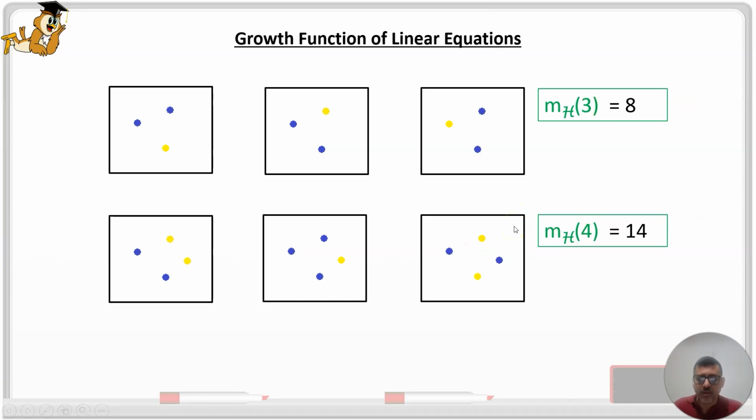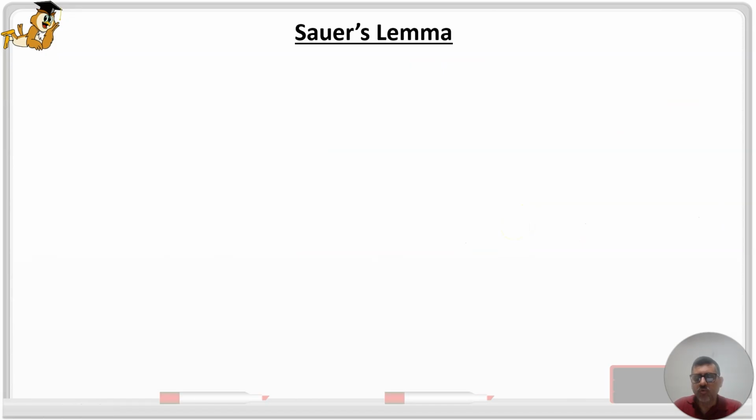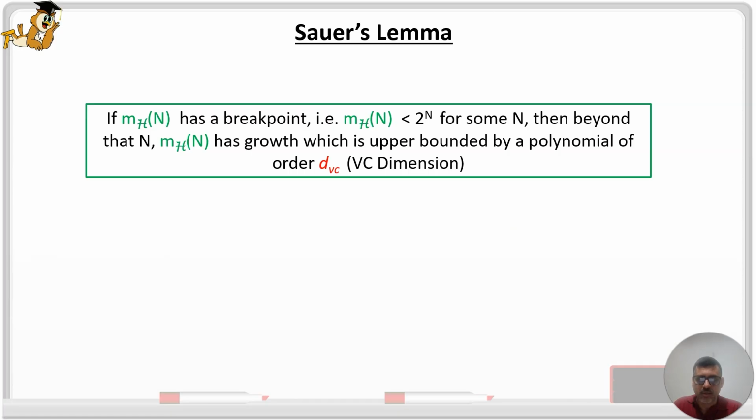Okay, let's now move on to what was actually the definition of Sauer's lemma. If mH of n has a breakpoint, that is mH of n is less than 2 to the n for some n, then beyond that n, mH of n has growth which is upper bounded by a polynomial of order d_VC, d_VC being the VC dimension.